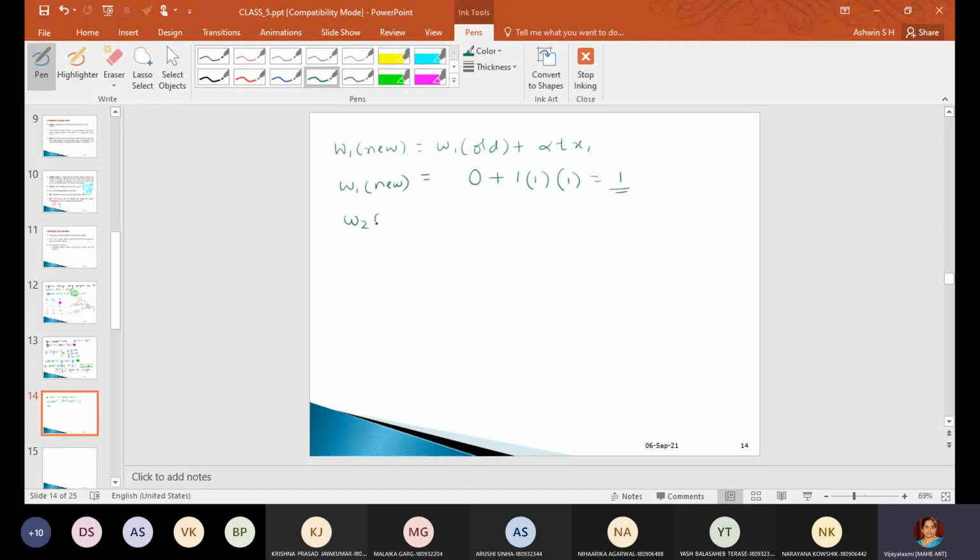Similarly, W2 new is equal to W2 old plus alpha into t into x2. x2 is 1, so this is also 1. Then B new is equal to B old plus alpha into t, so 1 into 1, which is equal to 1. So please note that we have got the new W1, W2 and b.